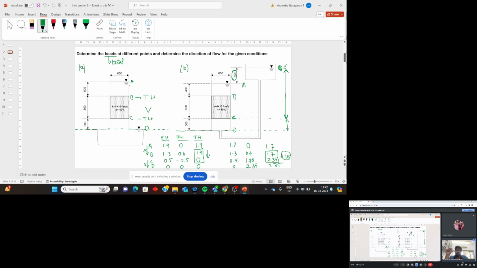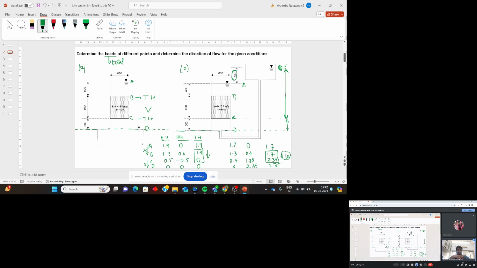Similarly here, at A it is 1.9, at D it is 0. So the total head loss will be 1.9. The total head difference will be the difference in the water level in both the upstream and downstream.